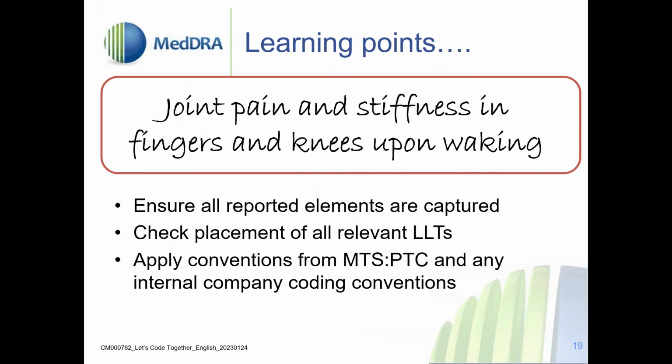These conditions are considered musculoskeletal signs and symptoms, not joint signs and symptoms. And if you are not sure how to handle such scenarios, always consult the MedDRA term selection points to consider document or your own coding conventions, of course.